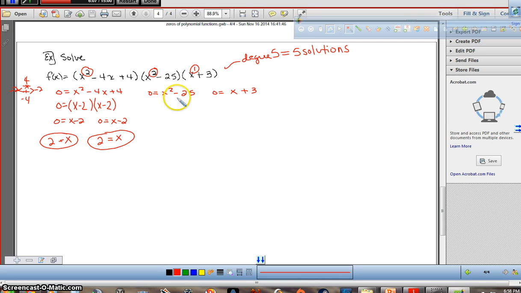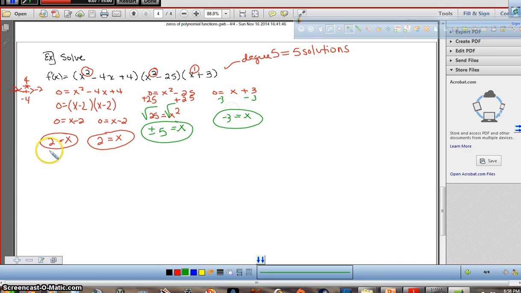All right, on this one we're going to add 25 to both sides of the equal sign. And then I'm going to have to solve for x by square rooting both sides. And then on this one, I'm going to subtract 3. So do we have 5 solutions?